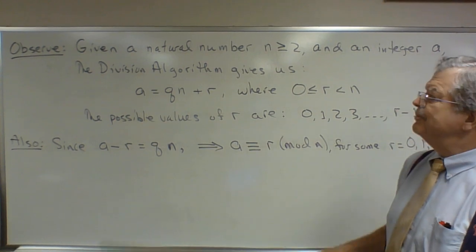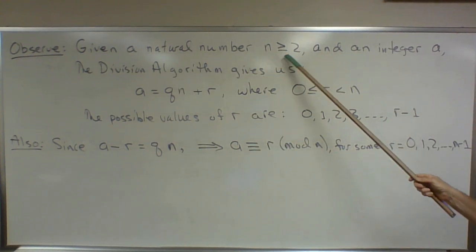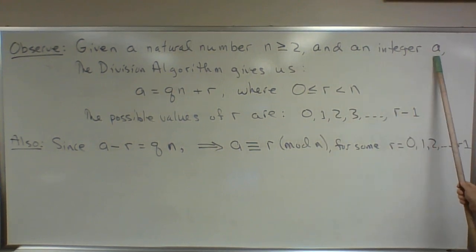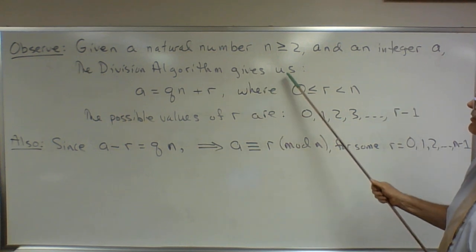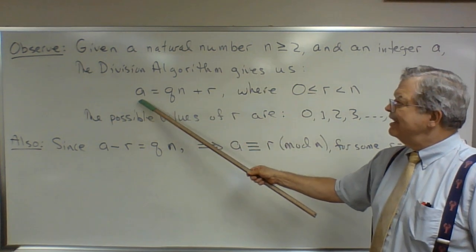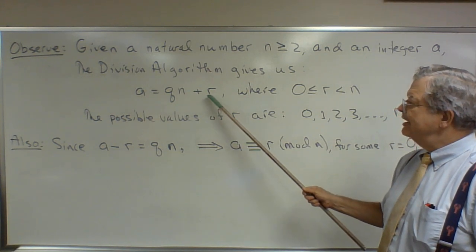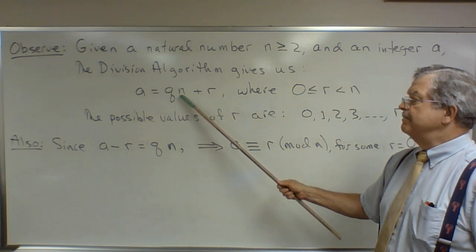Here's our first observation. Given a natural number n greater than or equal to 2 and an integer a, the division algorithm gives us a is equal to quotient times divisor plus a remainder. And here our divisor is n.